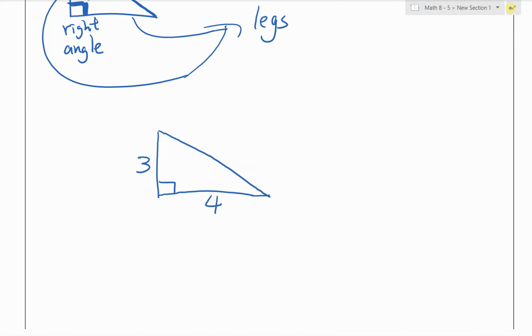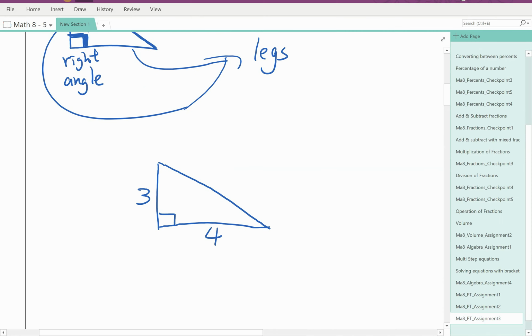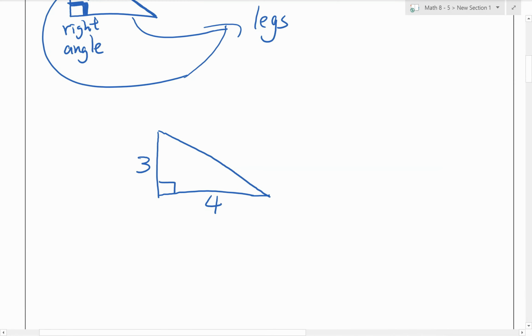I'm going to take this side and draw a square using that side length. Here, this is 3, so to draw a square, I draw a length of 3 here, a length of 3 here, and a length of 3 here.